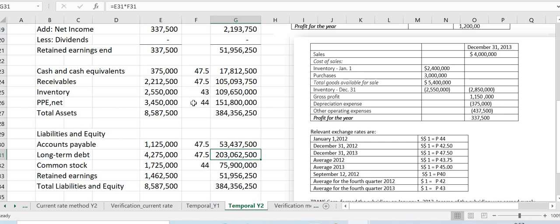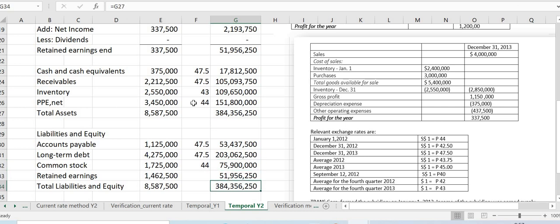rate for December 31, 2013, which is 47.5. So you have 53,437,500 for accounts payable and long-term debt of 203,062,500. Your common stock, of course, will use the exchange rate for January 1, 2012, the historical rate. So we'll have common stock at 75.9 million.